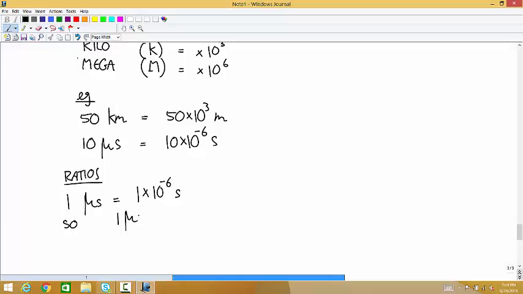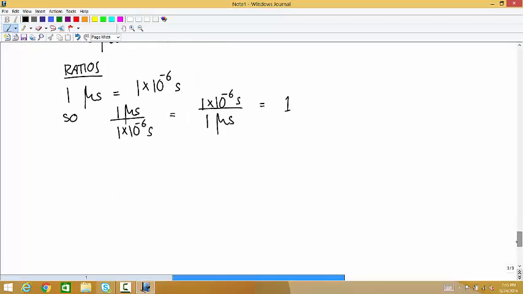So 1 microsecond over 1 times 10 to the minus 6 seconds is equal to 1 times 10 to the minus 6 seconds over 1 microsecond. And those are both equal to 1. Okay, so you can use this same idea to come up with those ratios that you use to convert from one prefix to another one. Okay, so here's an example of doing that.